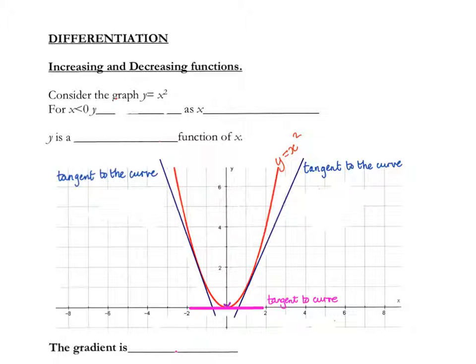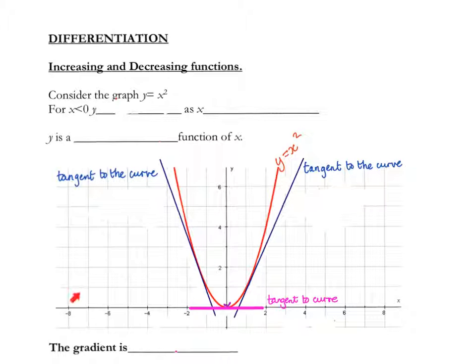Looking at a familiar curve, we have y equals x squared, and that's in the red here. What we want to do is look at when x is less than 0. So x less than 0 is if we go along this axis here, we can say that y actually decreases as well.